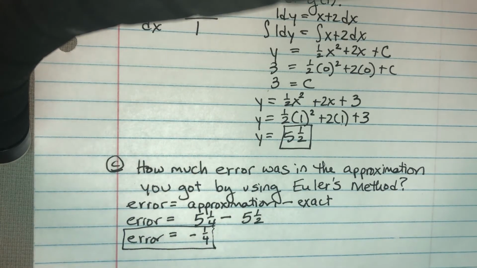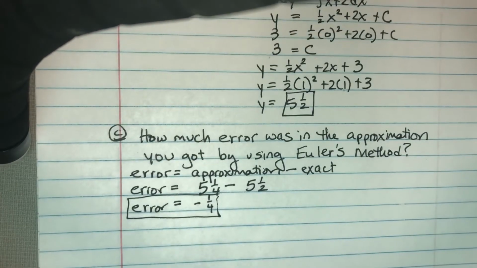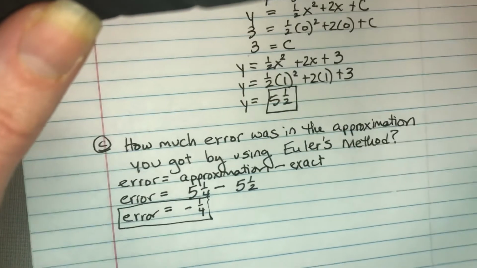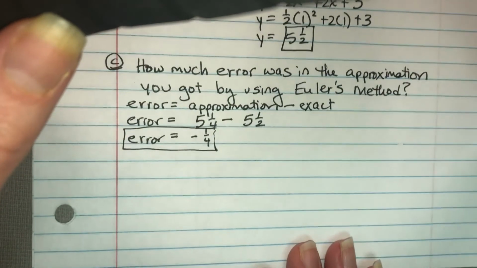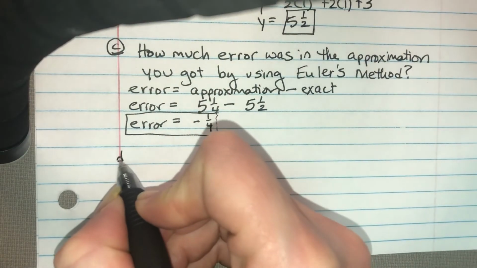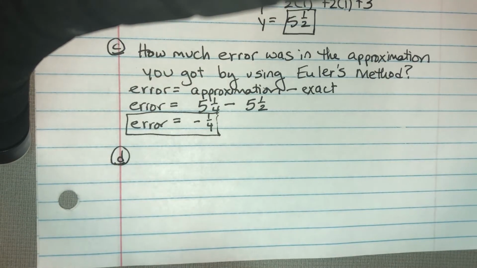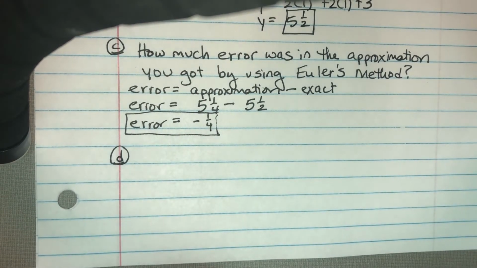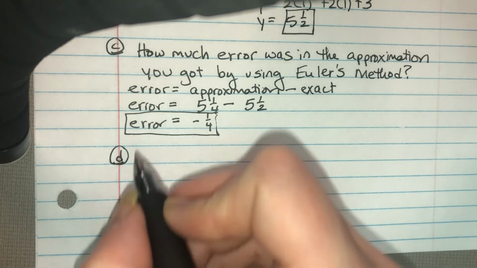And finding error is actually a huge area of mathematics. It's something that people look very closely at, because a lot of times approximations are available and we want to know how far off this is.